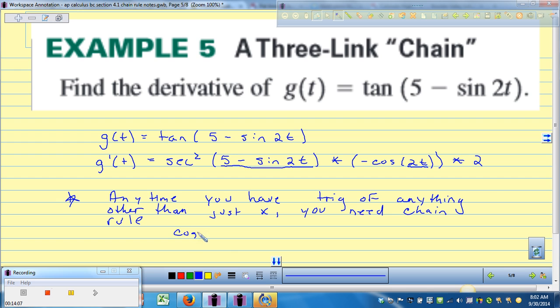So cosine of 3x, if y equals that, y prime would be what? Negative sine of 3x times 3. One of the most forgotten things throughout the entire year is that times 3. It looks like such an easy little derivative, but people forget that chain rule.